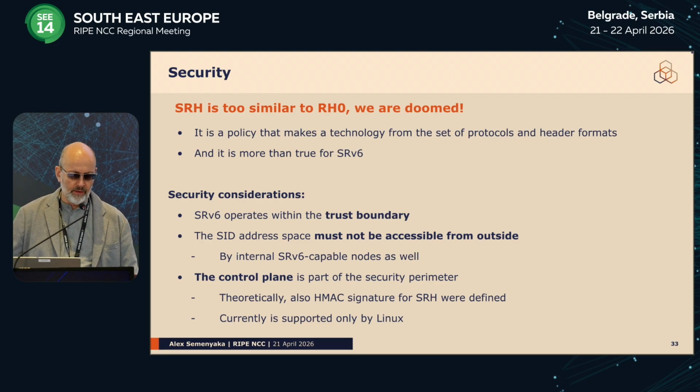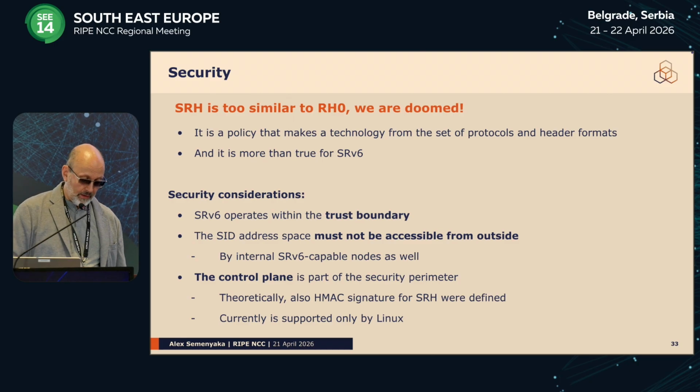And even if we have this trust boundary, it's really wise to validate the source address and other information on the level of internal SRv6-capable nodes. So even if this node gets some packet, it should perform the basic check if this packet can be here.